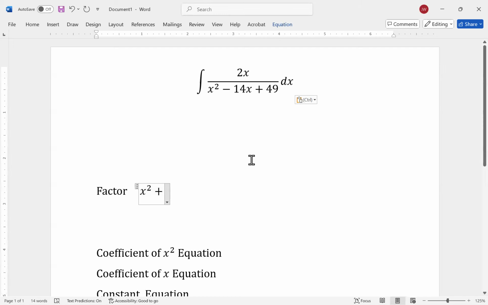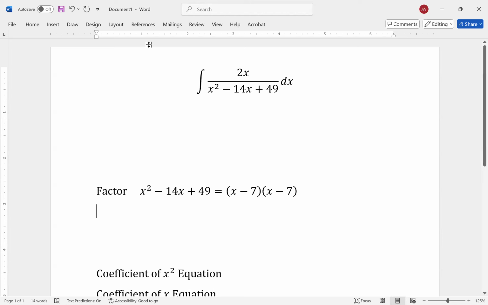So let's do this. Denominator x squared minus 14x plus 49. That factors into x plus 7. I misspoke here. X squared minus 14x plus 49. Excuse me, I knew something was going on. X minus 7 times another copy of x minus 7.